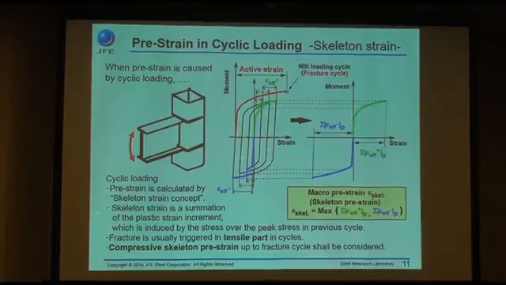The skeleton strain is a summation of the plastic strain increments induced by stress over the peak stress in the previous loading cycle. And actual fracture is usually triggered in the tensile part of the cycle, right? That's why the summation of the compressive skeleton strain, this blue curve, and the fracture cycle shall be considered.